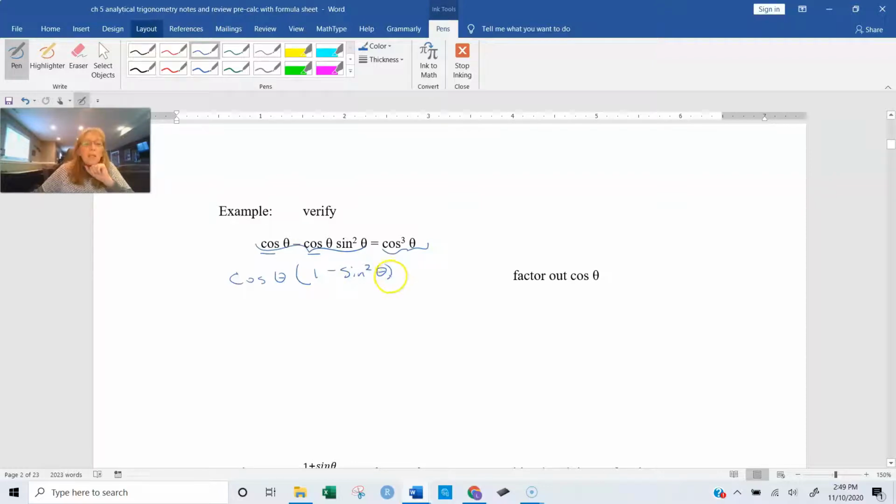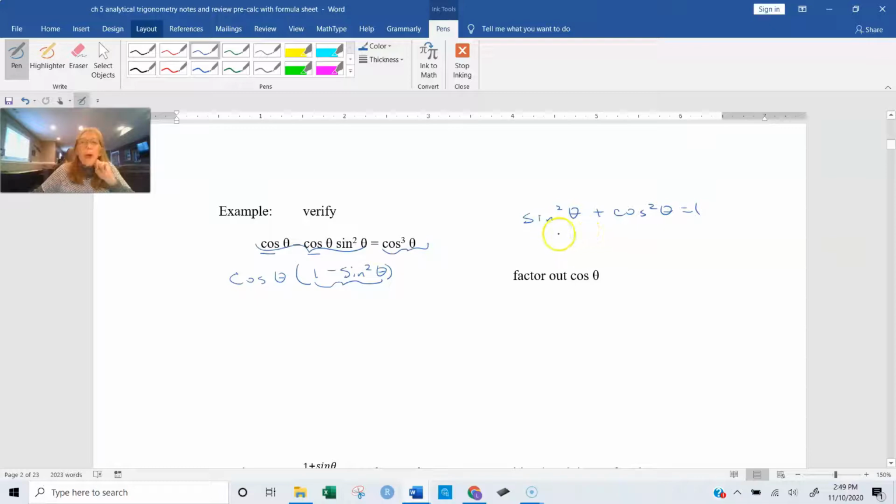Well, by our identity above or on your paper, we know that 1 minus sine squared theta is actually equal to the cosine squared. Remember, I should probably write it exactly as it is on your paper. We have the sine squared of theta plus the cosine squared of theta equals 1. It's our Pythagorean identity.